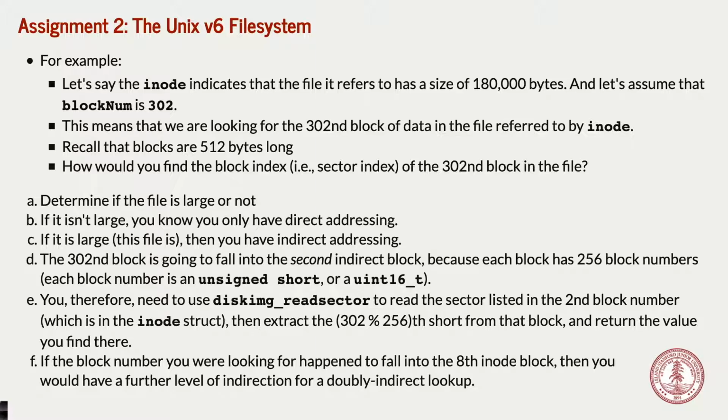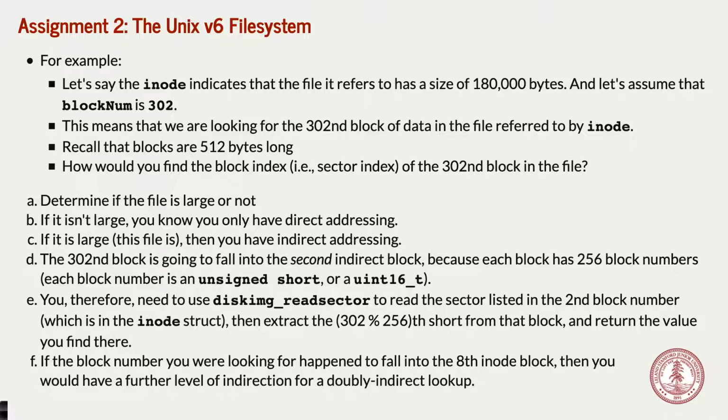Then you're going to use that function we just talked about, disk image read sector, to read the sector listed in the second block number, because that's where 302 falls. And you're going to have to do some modular arithmetic there. And then you return that value. And if it happened to be in the 8th block, you would get that.